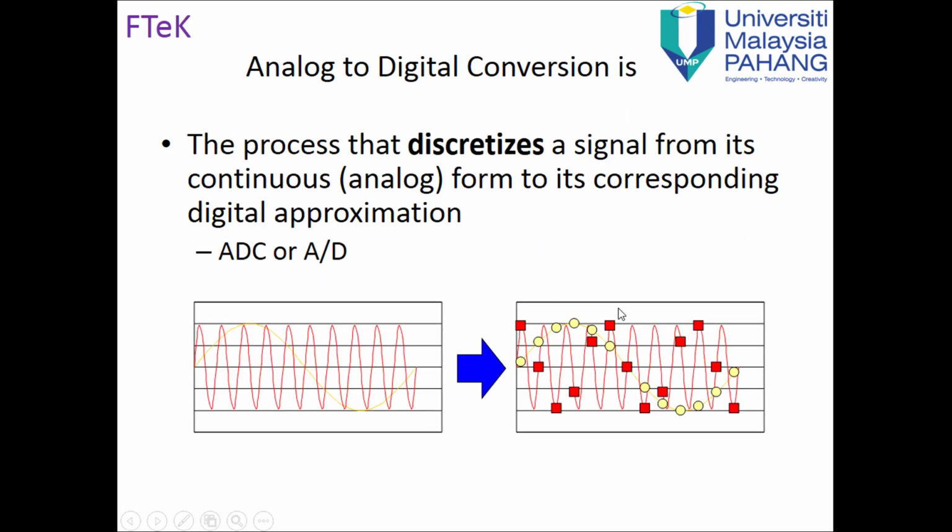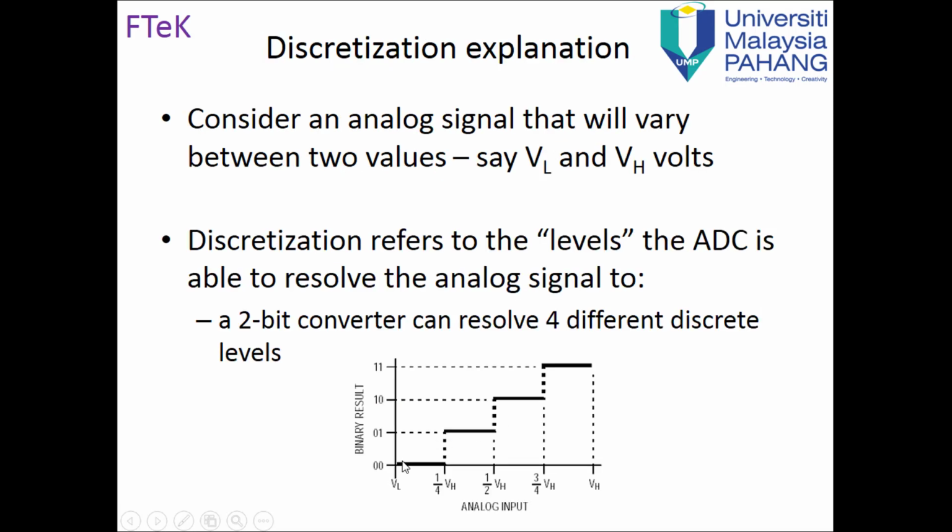From the previous figure, you see here these lines are for the levels. If the value is between 0 and 1/4 of VH, then it will be represented by 00. Above 1/4 up to half of VH, it will be represented using 01.